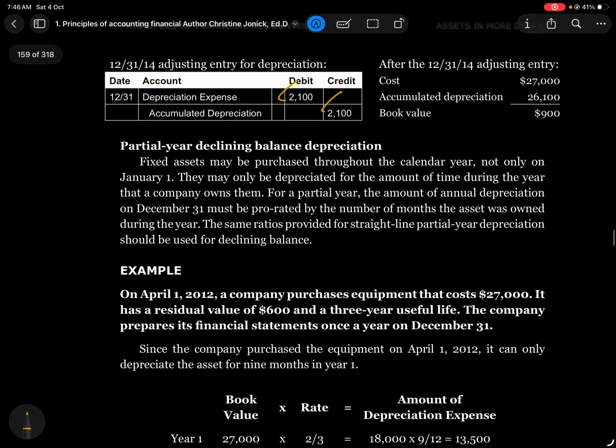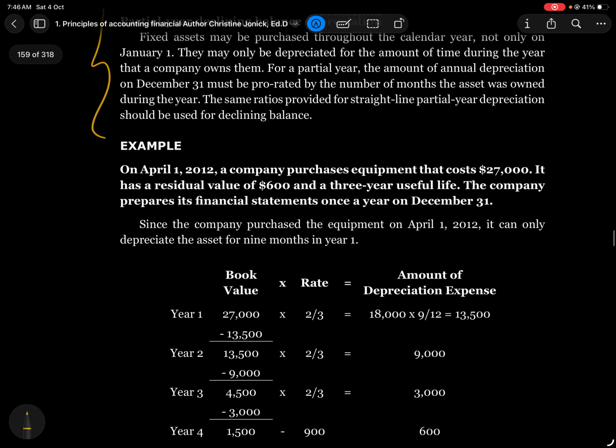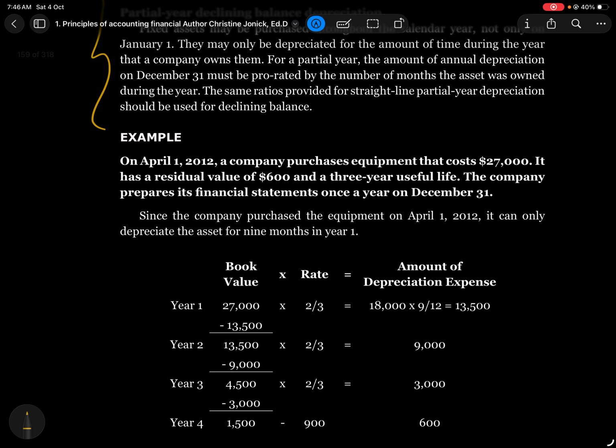So of course there will be a partial year declining method as well, because we won't be using it for the whole month, right? So similarly, we do book value into rate and we get the depreciation amount, but we also apportion it as per usage months. We use it for 9 months, hence 13,500. And next year onwards, 13,500 into the rate, we get 9,000.